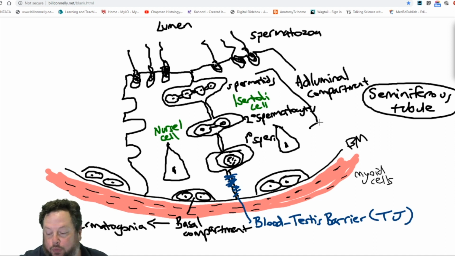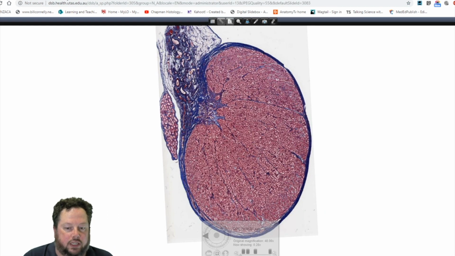We might now move to the histology of the testis and beyond. So I'm going to switch over to the digital slide box. I'm going to start off with this Trichrome stain section of the testis, and this is one of my favorite slides. I think it's really beautiful because it highlights the different components of the testis.